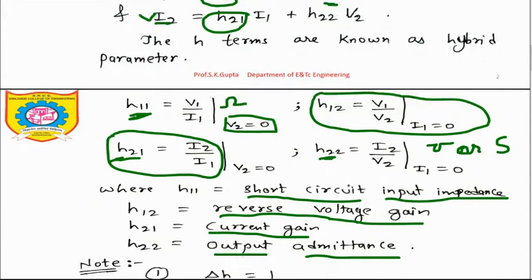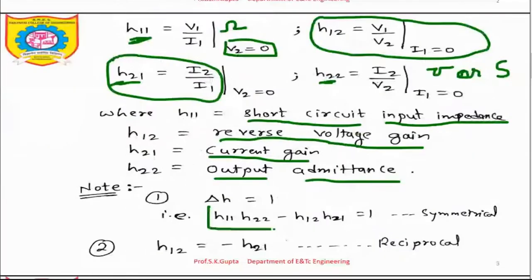Okay. Now, for a symmetrical network, the determinant of the H parameter matrix must be 1. This is the condition for a network to be symmetrical. So whenever H11 H22 minus H12 H21 is 1, then your network is symmetrical.